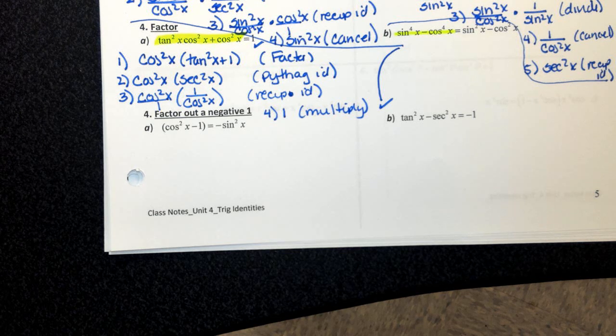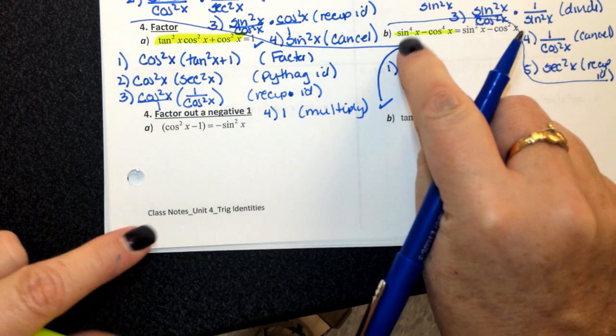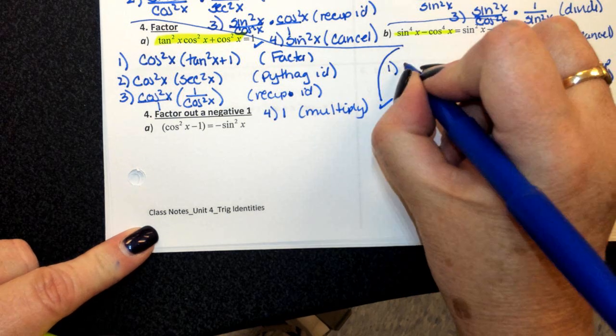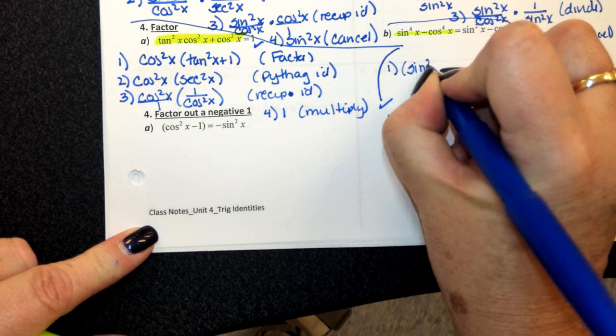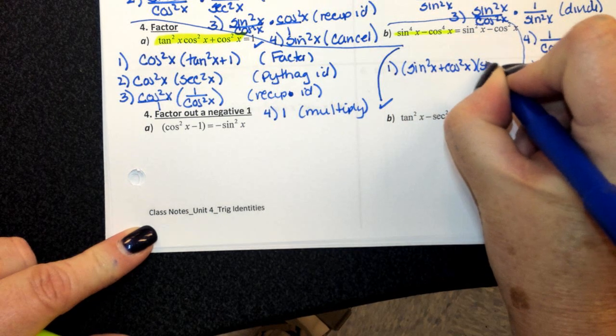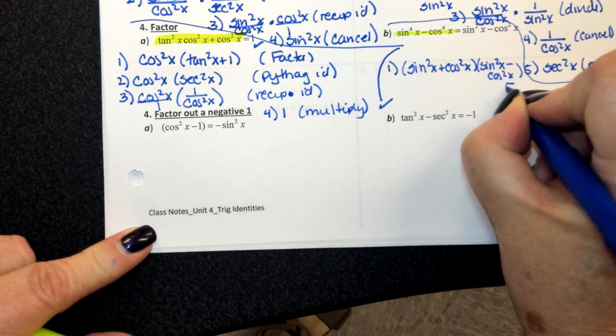Difference of squares or cubes. Which pattern are we looking at when we deal with sine to the 4th minus cosine to the 4th? Are they squares or cubes? Squares. So I can factor sine to the 4th x minus cosine to the 4th x as a difference of 2 squares. So sine squared of x plus cosine squared of x times sine squared of x minus cosine squared of x. And here I just factored.